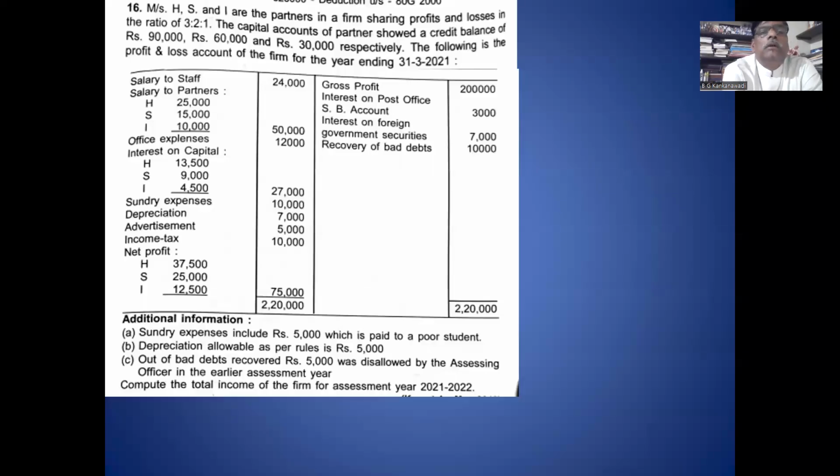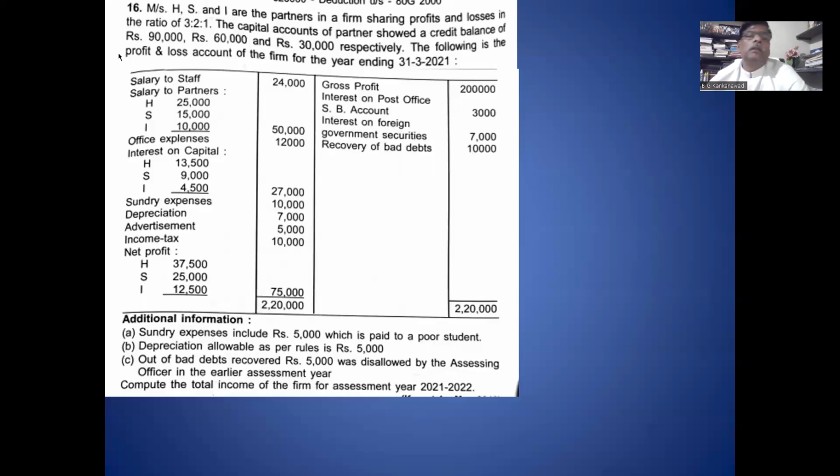Problem number 16, H, S, and I. There are three partners sharing profits and losses in the ratio of 3:2:1. Sharing profit ratio is not useful in your income tax. Then the capitals of the partners show a credit balance of 90,000, 60,000, 30,000.